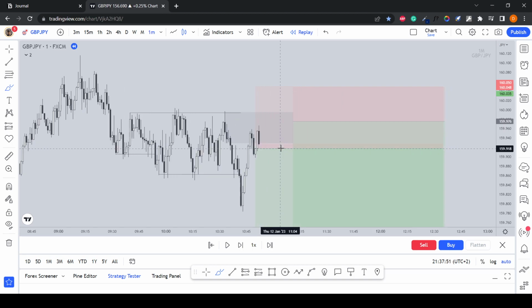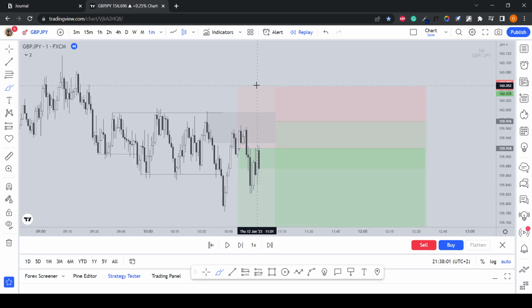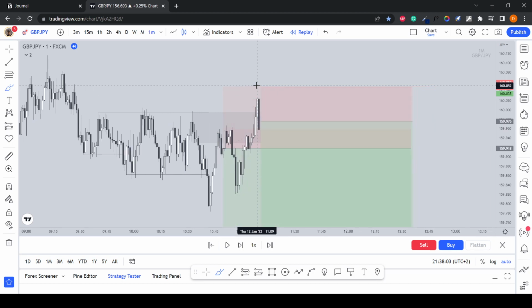I entered here with this candle somewhere here. The stop loss was here, and it's a pretty big stop loss. Price first moved with me, but then started to go here. Because we went above and then snapped back into the zone, I was okay with placing one more trade with 0.1% risk.